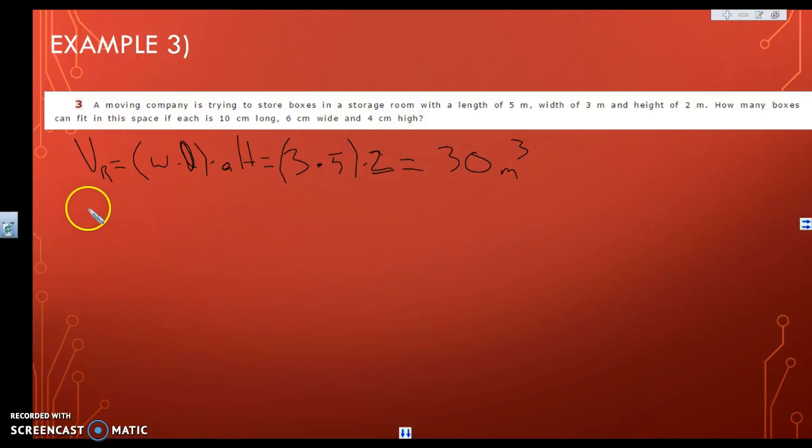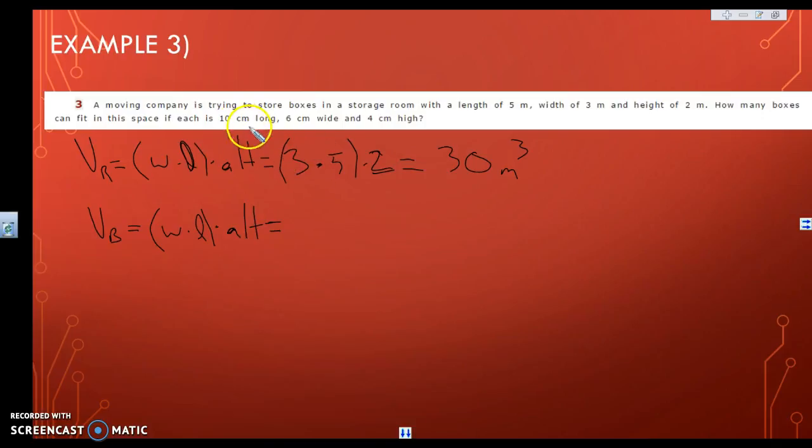So let's find the volume of a box, which I'll indicate by V sub B. The volume of the box is given by a rectangular prism since it is a box. So in this case, it's going to be width times length times altitude.